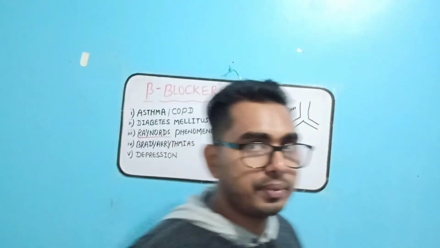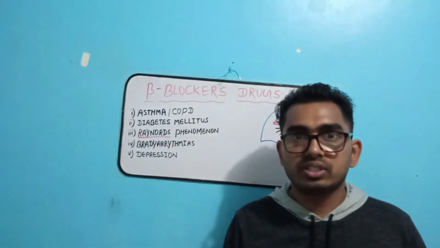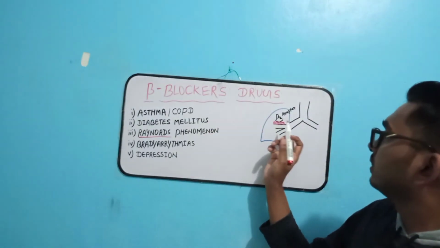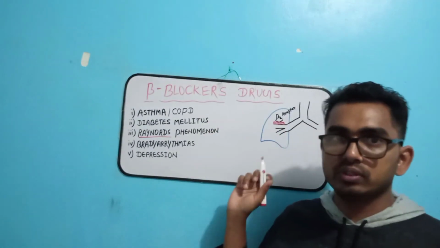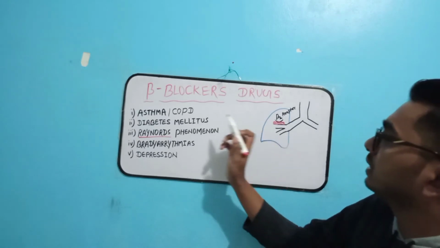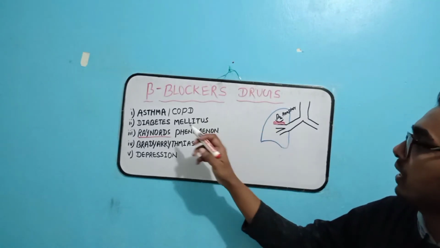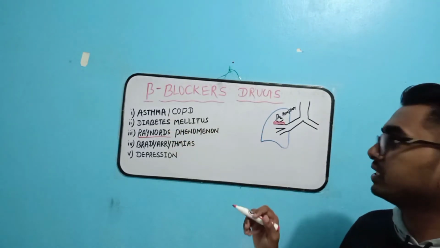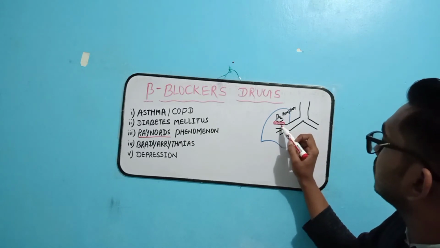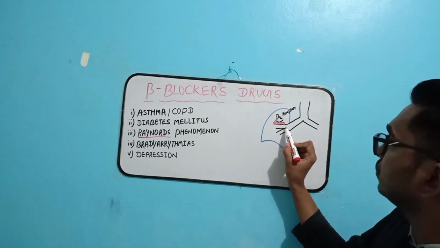In a normal patient, when we give a beta 2 receptor blocker, there is only a slight loss of the beta 2 receptor effect. But if we give beta blocker drugs in a COPD or asthma patient, there is already loss of elasticity of the bronchioles.